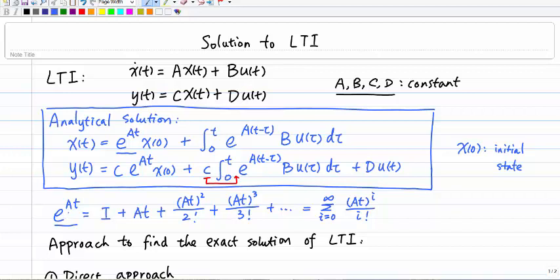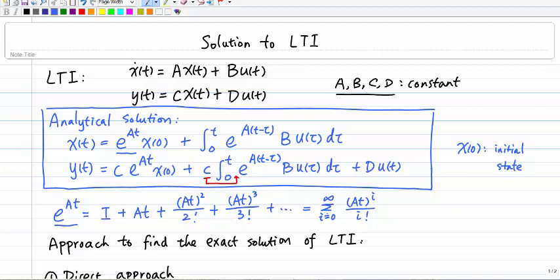So e to the A t can be computed by this definition, which is equal to the identity plus At, plus At squared divided by 2 factorial, plus At cubed divided by 3 factorial, and so on and so forth.